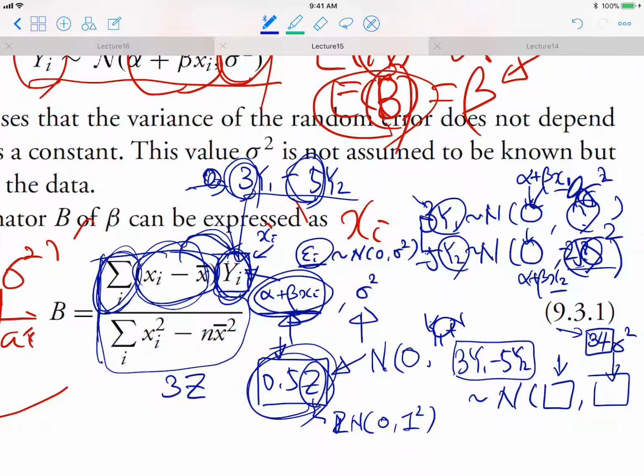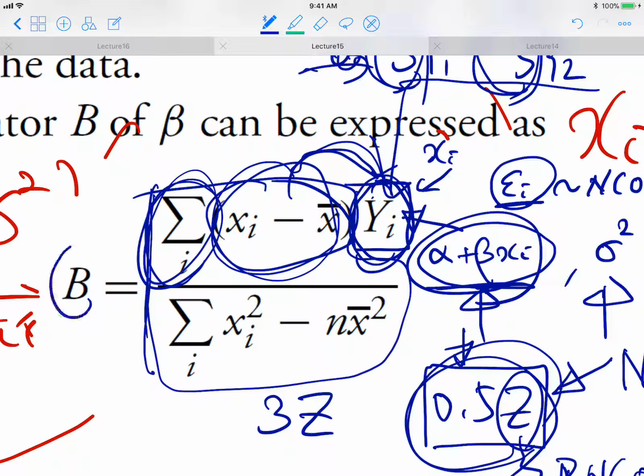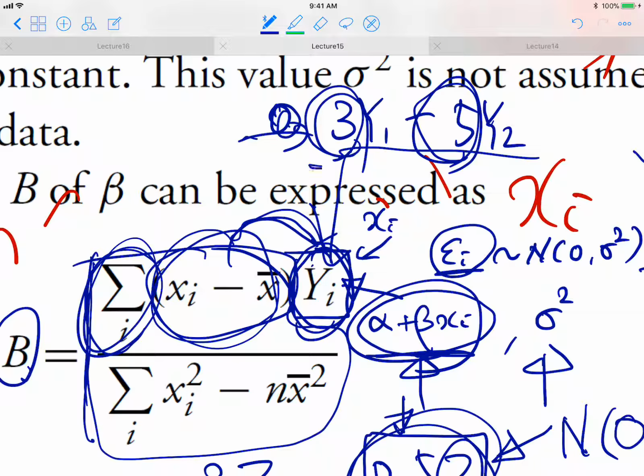But anyways, back to our main story. B is something like this equation. Okay, it's just a linear combination of some Gaussian random variables, and then the sum will also be Gaussian, right?